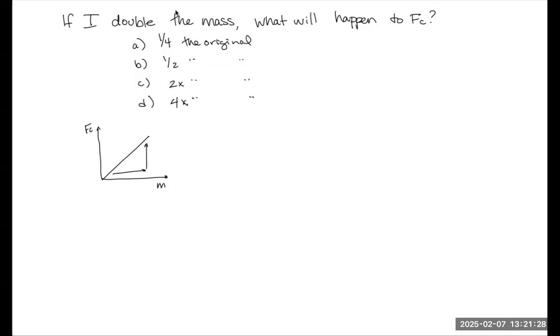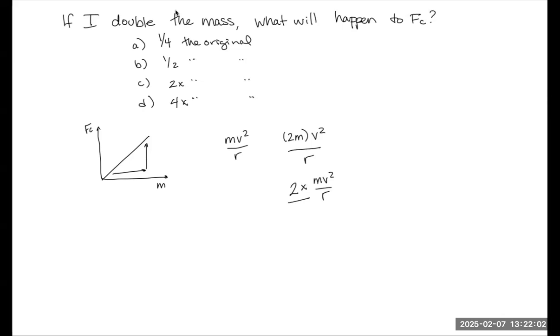I'm going to double the centripetal force. And that's true. Or maybe we're going to take mv squared over r and think about, well, what happens if instead I have 2m v squared over r? Oh, well, it ends up being 2 times mv squared over r. So doubling the mass basically means that we end up having double the original force.